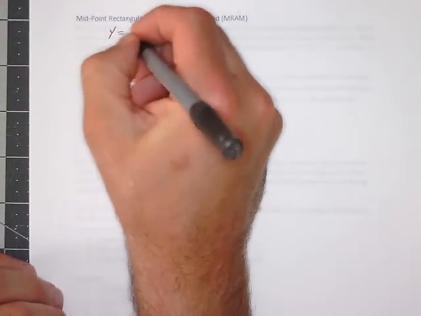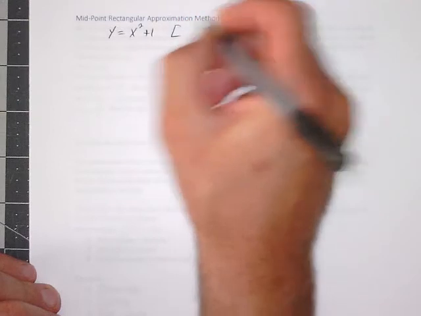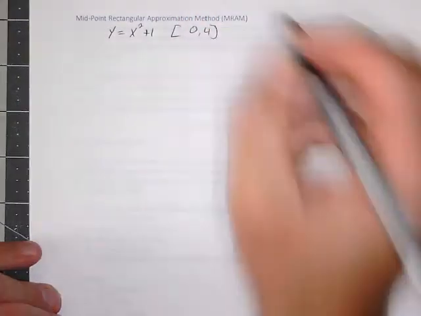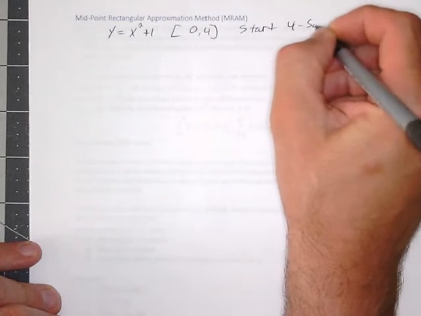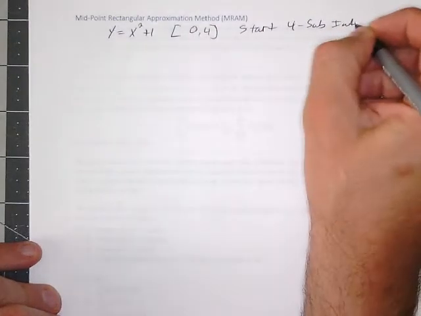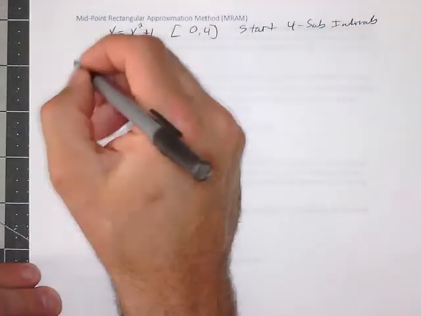All right, here we are, the method you've all been waiting for, the midpoint rectangular approximation method. So still we're dealing with y equals x squared plus 1 on the interval 0 to 4, and we're going to start with 4 subintervals. All right.